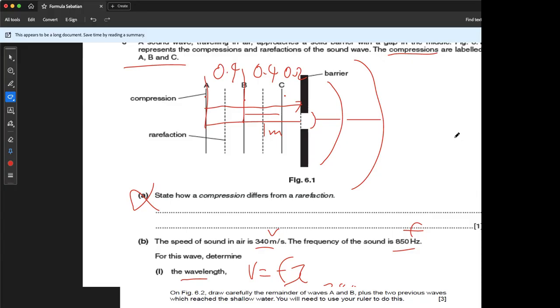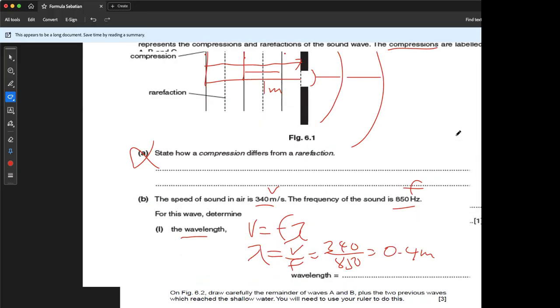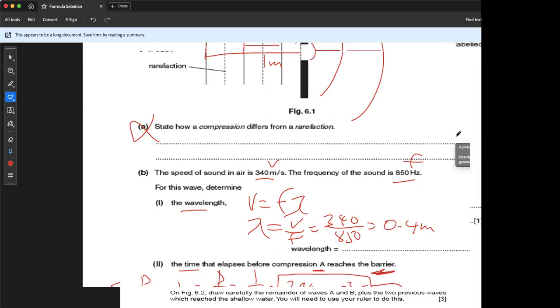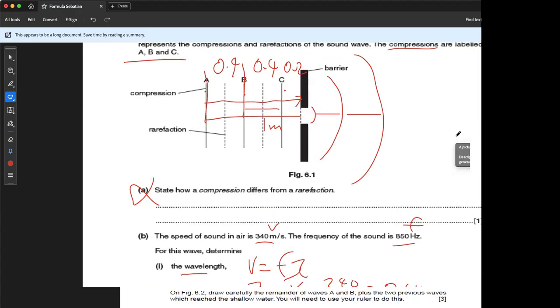Usually draw 3, but if you draw 4, it's okay. They don't penalize you. But you have to take into consideration the two things: where it starts and how long the wavelength is. This is important.